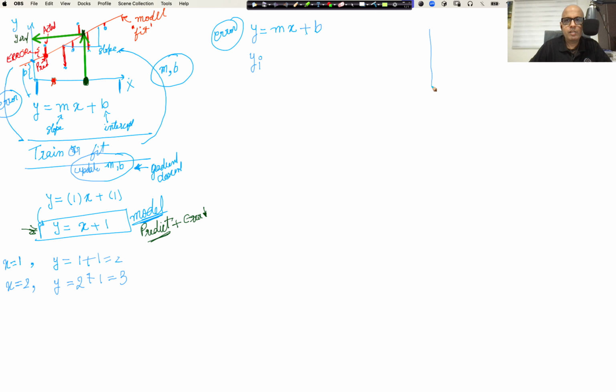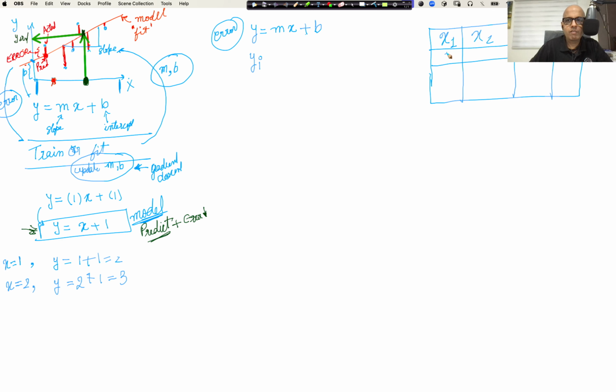Imagine that you have a data set, and in the data set we have the value of y, which is the target value. And let's say here are the features that we have, and in this case we have 3 features. Now for each feature we have a couple of data points.